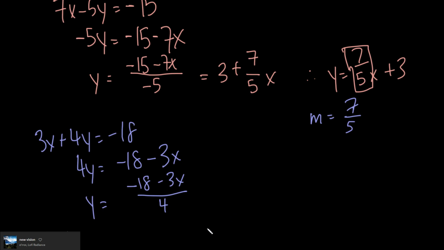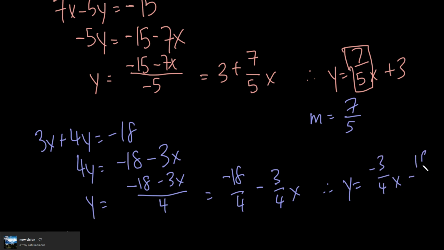We can divide this out: negative 18 over 4 minus 3/4 x. Therefore y equals negative 3 over 4x minus 18 over 4, which means our y-intercept here is negative 18 over 4.